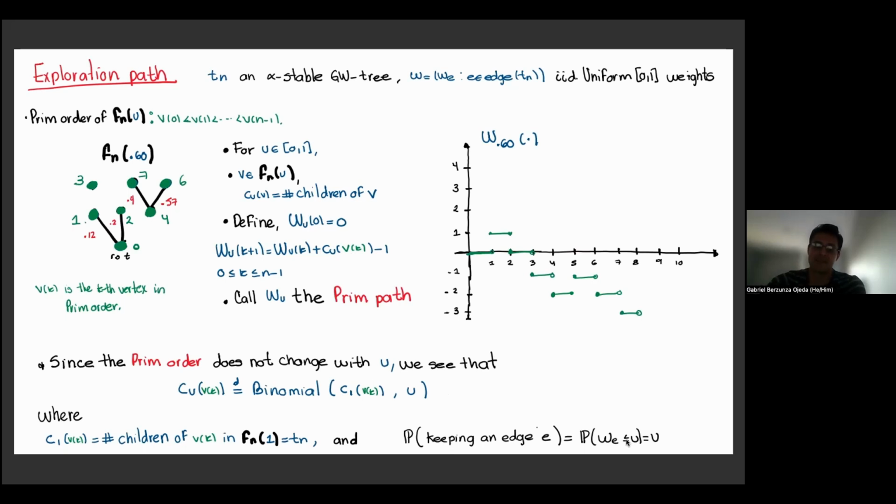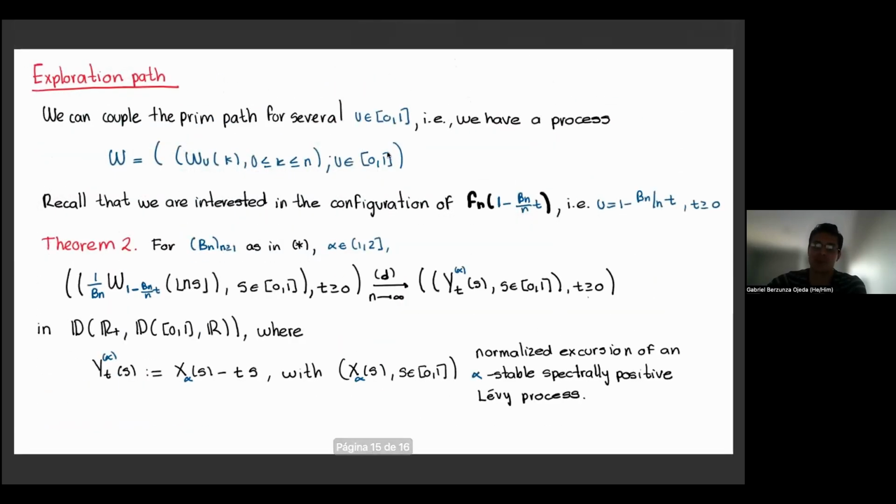Again, since the prime order does not change as U changes, one can in fact couple this process for several U's in a very nice way. Then you have a bivariate random walk, which encodes all the information we need about the sizes of the connected components in this fragmentation process.